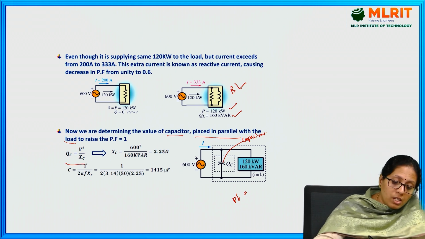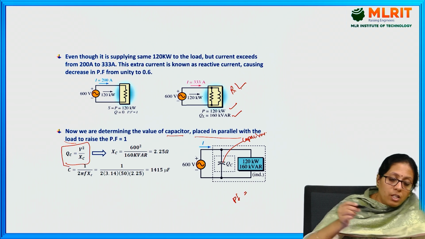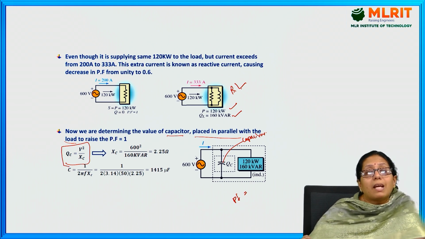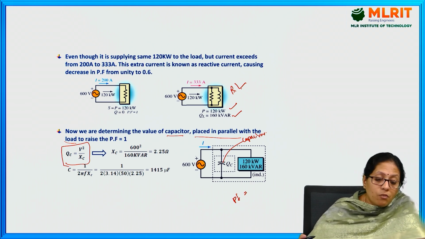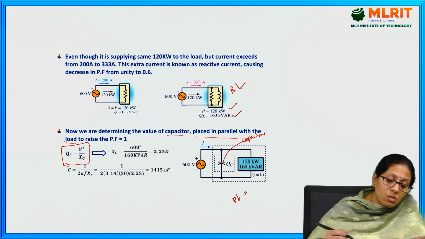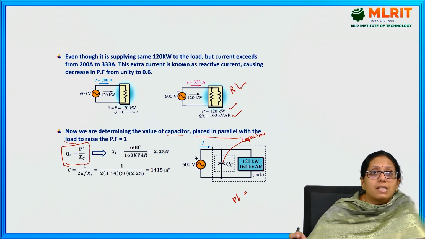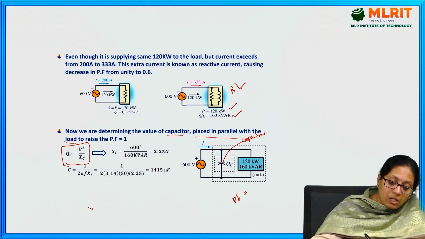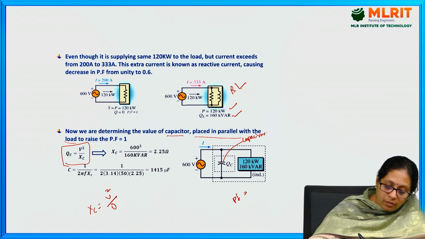So this is the formula for the QC value, that is the capacitor value. For calculating the capacitor value, QC is voltage square by XC. Here XC is equal to V square by QC.